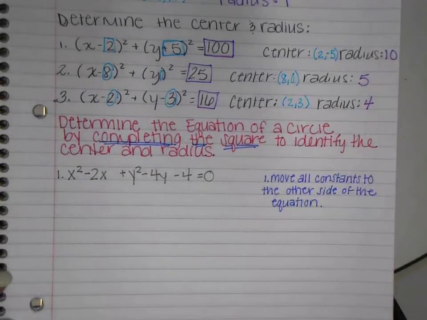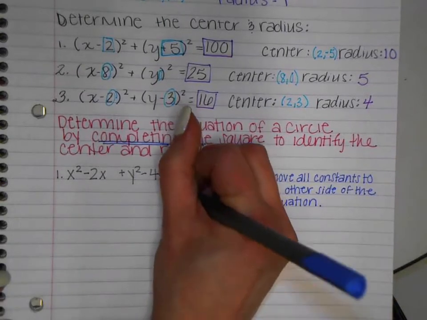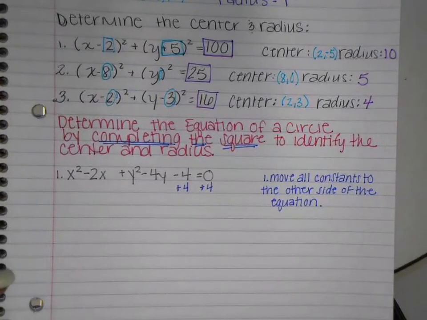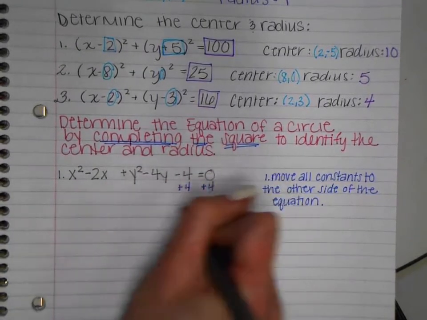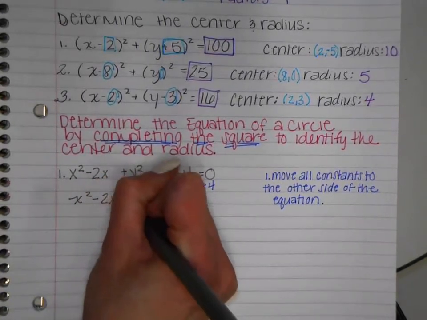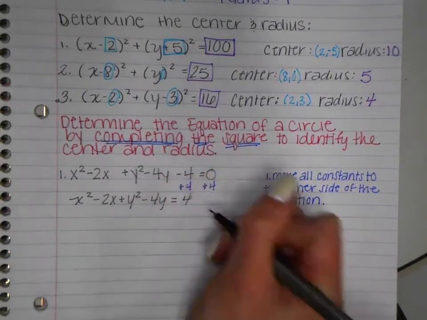So remember, your constants are just your plain numbers. They don't have any variables. So that's this 4. So we're going to add 4 to both sides. And that'll cancel out that 4 and bring it to the other side of our equation. So we'll have x squared minus 2x plus y squared minus 4y equals 4.